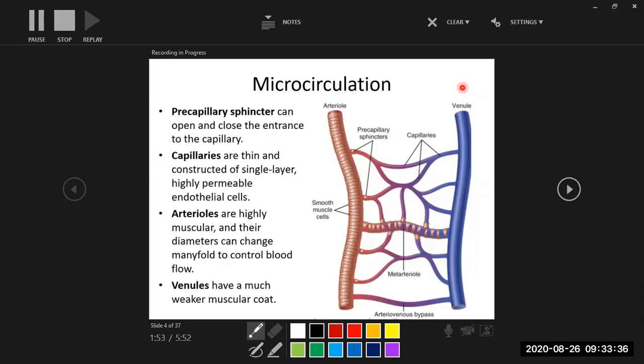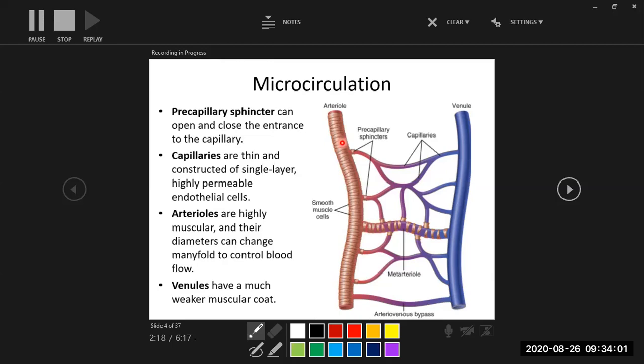What's unique here is that we have, for example, sphincters. Sphincters are one, not the only, but one of the mechanisms to control blood flow. When this region needs more blood, this sphincter, this smooth muscle, will be relaxed.